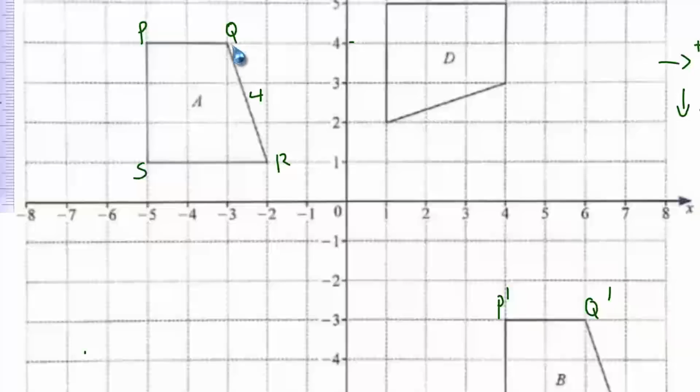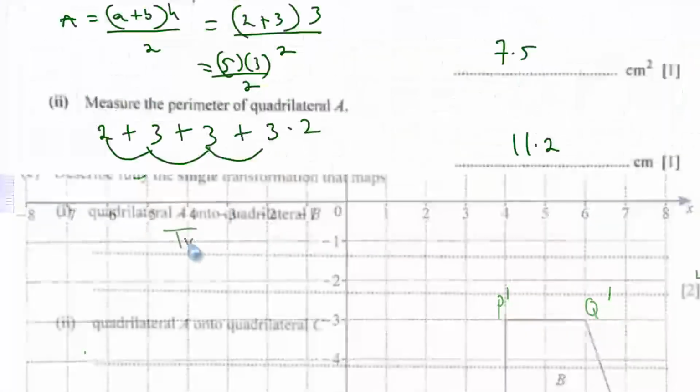From here, 1, 2, 3, 4, 5, 6, 7, 8, 9. So you go to the right 9 times, that is the value of x is 9. Then 1, 2, 3, 4, 5, 6, 7, so you come down 7 times. So it will be translation.